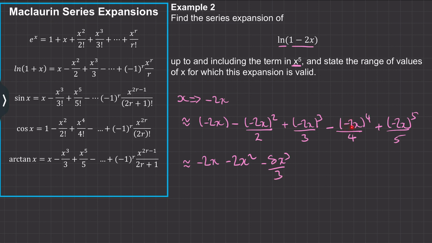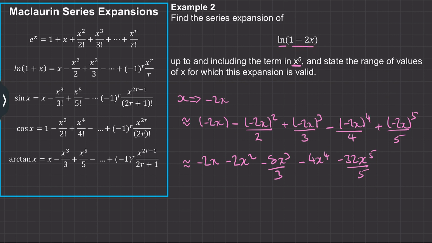And then we've got negative 2 to the 4 is 16. Divided by 4 is 4. So minus 4x to the 4. And then we get negative 2 to the 5, which is negative 32 x to the 5 over 5. So this is the series expansion up to x to the 5 for the natural log of 1 minus 2x.